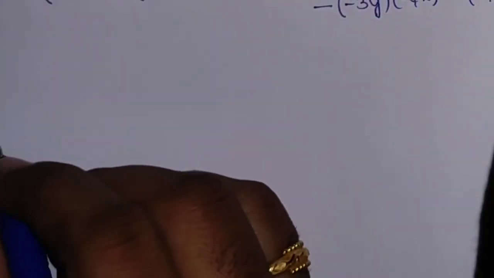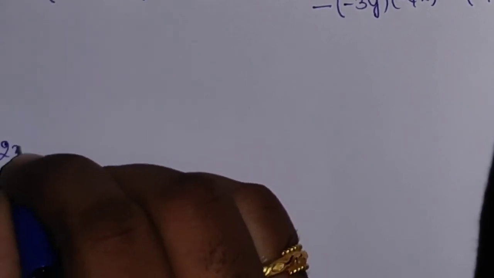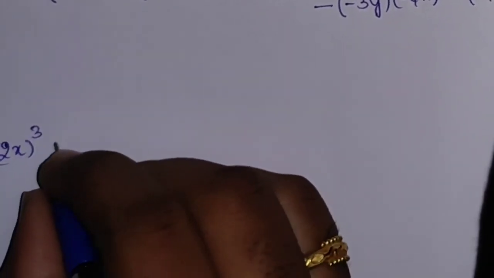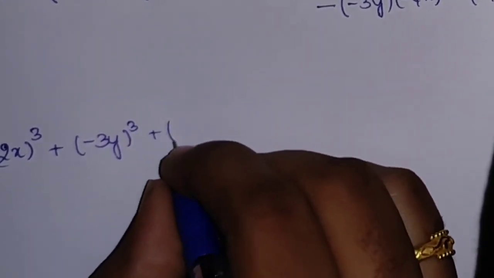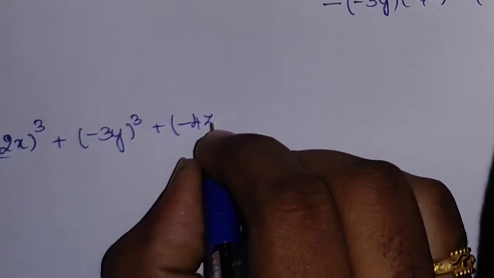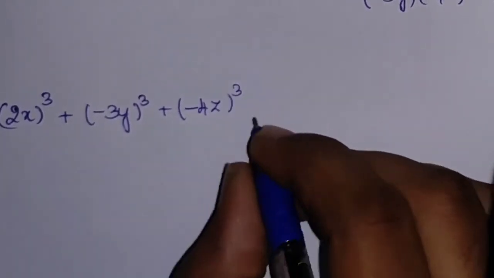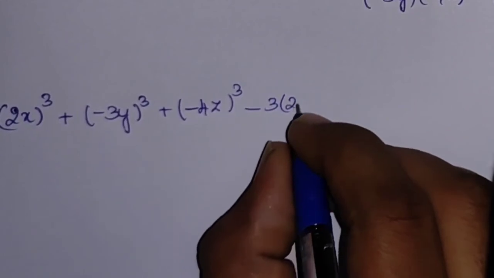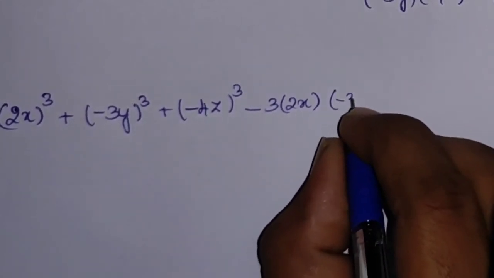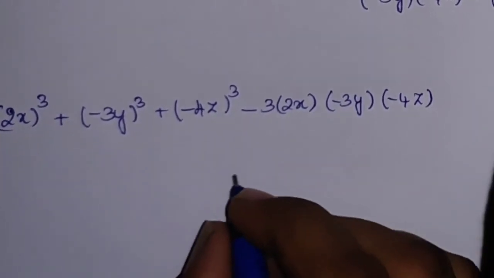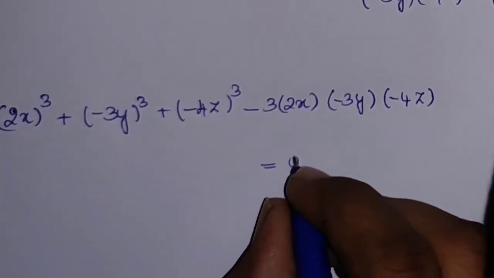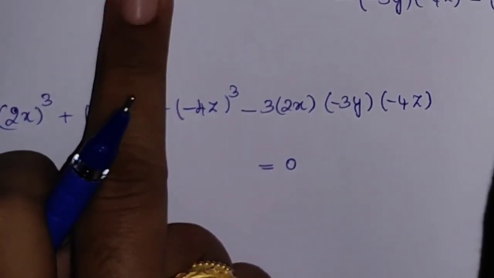So we have only the LHS: 2x the whole cube plus minus 3y the whole cube plus minus 4z the whole cube minus 3 into 2x into minus 3y into minus 4z is equal to 0, right? Because 0 into anything will become 0.